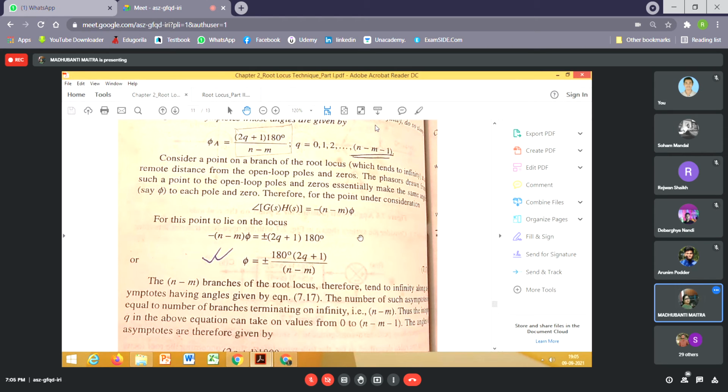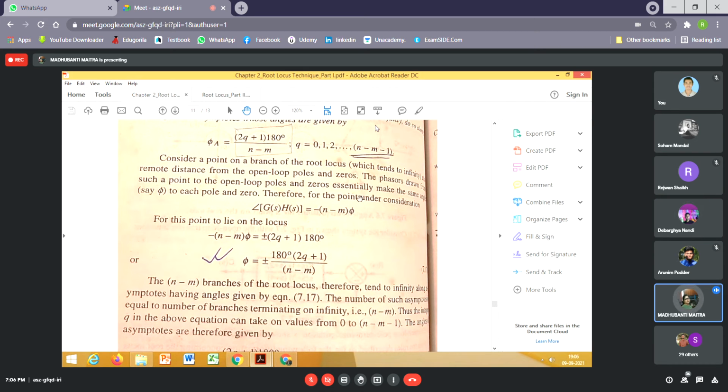You get my point? Suppose on the real axis, these are two open loop poles, and I'm considering these open loop poles to be very close to each other because I'm considering a point located at infinity. If I join the point to the poles on the real axis, and if these lengths are pretty large, then we can argue that the angles contributed by the poles at this point lying at infinity will be almost the same.